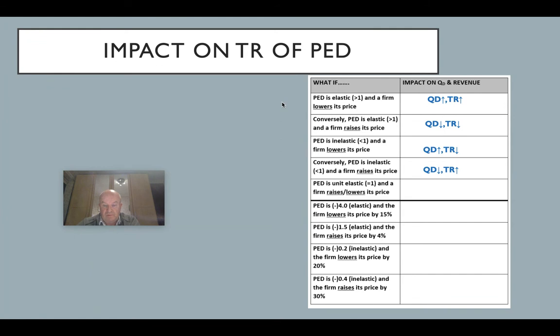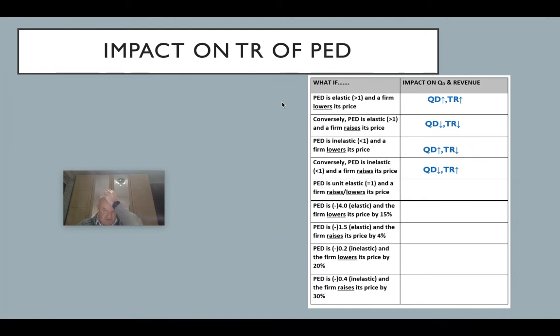Where we've got inelastic demand, if we raise our price, we're still going to probably get a slight impact, not a huge one, and the quantity demanded will fall, but the total revenue is likely to go up because the fall in the number of people choosing to buy is outweighed by the extra total revenue that is generated.